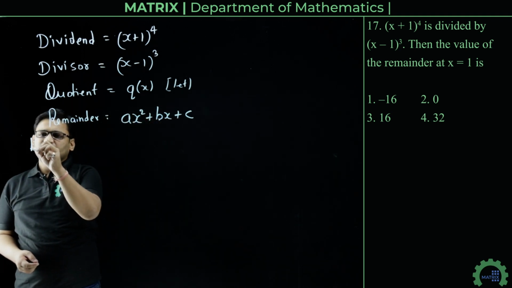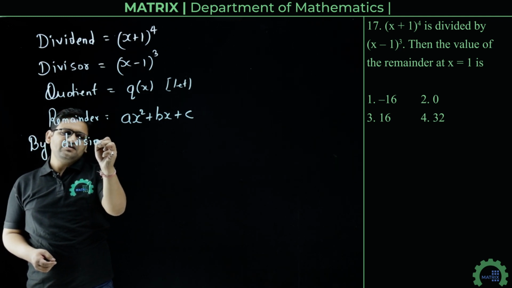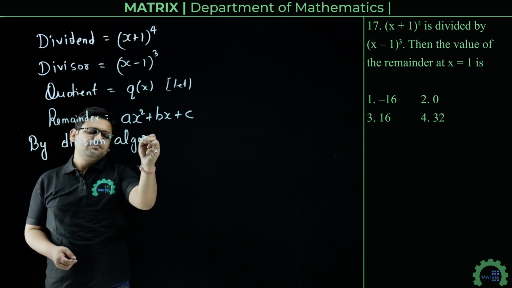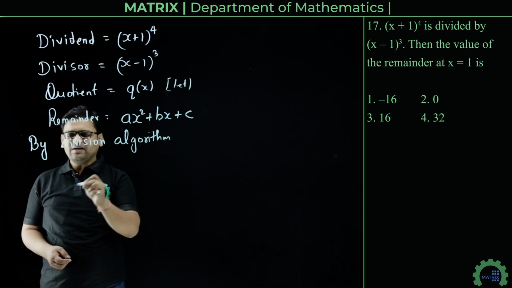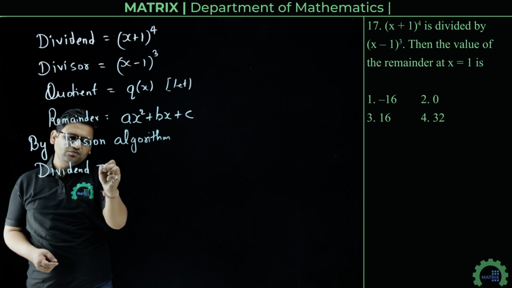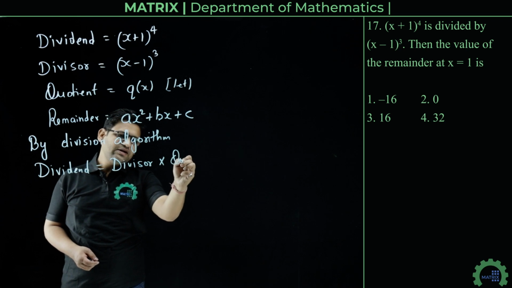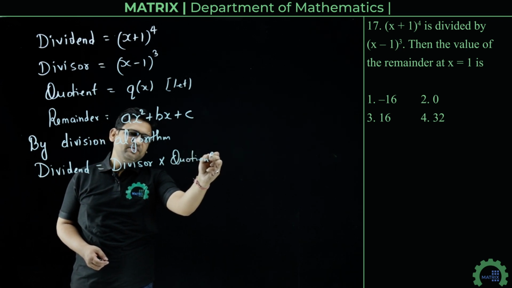Now by the division algorithm we can write dividend equals divisor into quotient plus remainder.